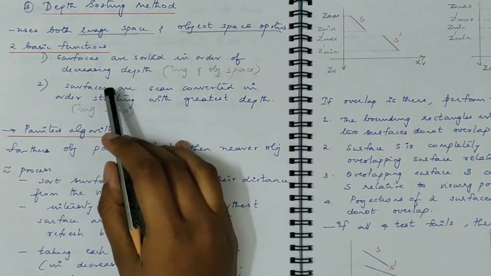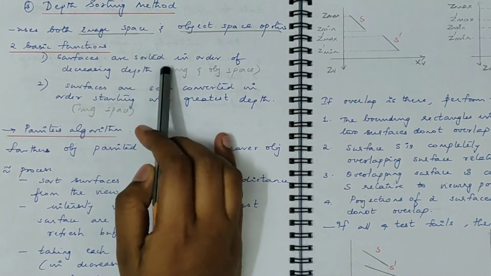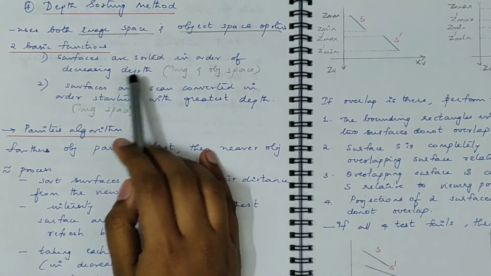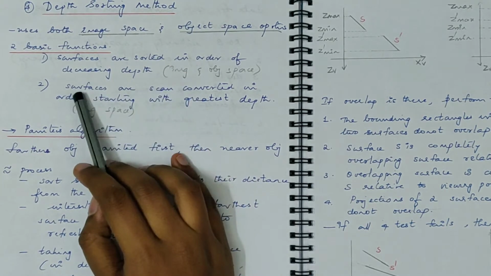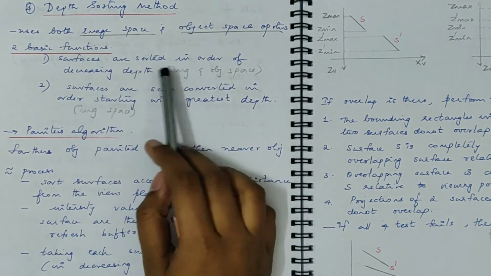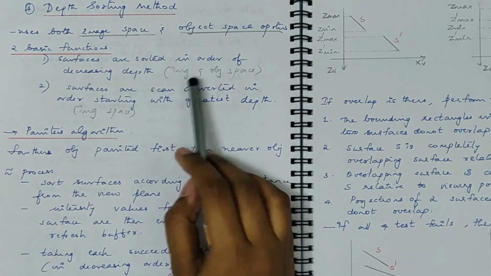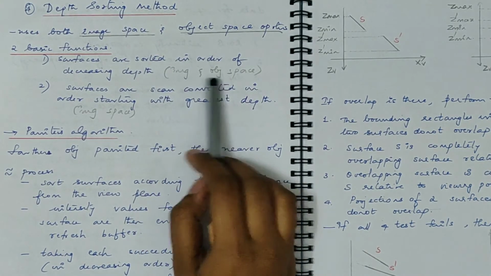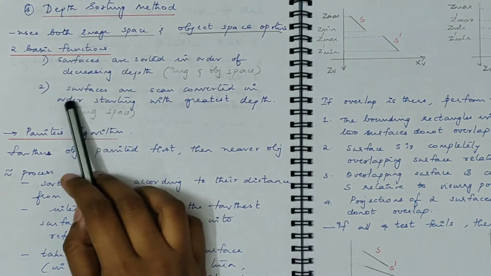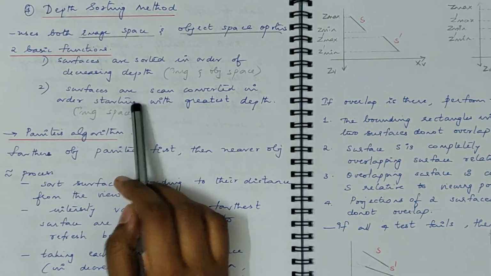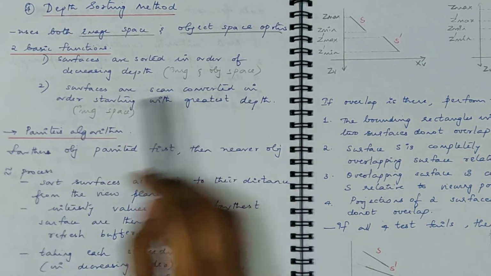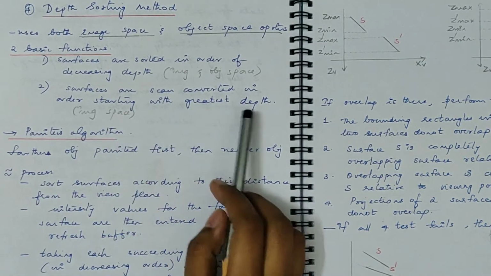There are 2 basic functions under the depth sorting method. The first function is that the surfaces are sorted in the order of decreasing depth. The first function uses both image space and object space operations to do this. And the second function is that, after sorting the surfaces in the order of decreasing depth, the surfaces are then scan converted in the order starting with the greatest depth.